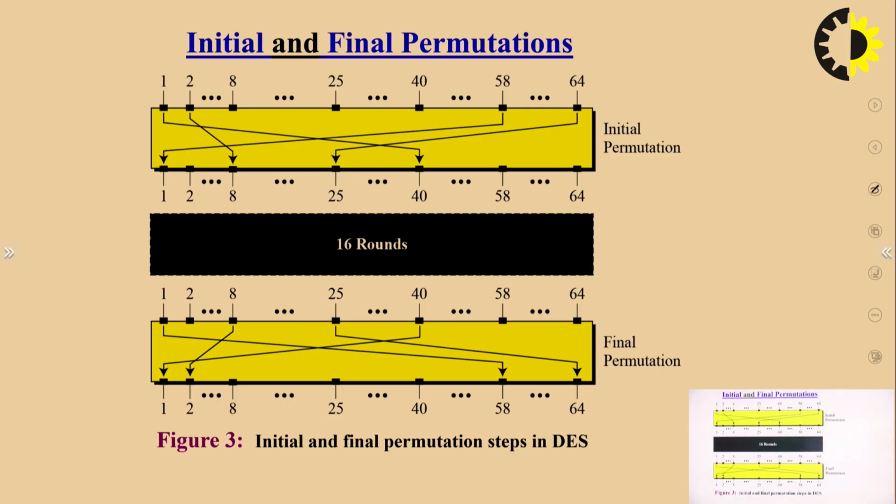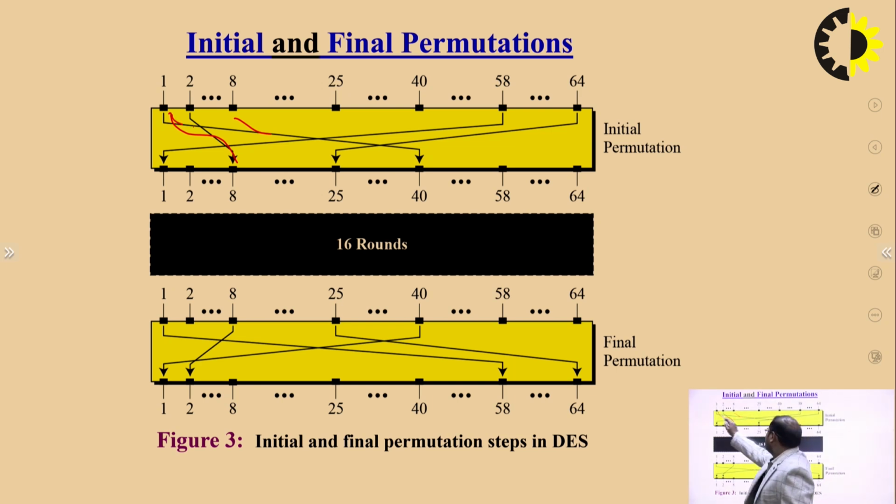So, the initial and final permutations are represented using this diagram, that is Figure 3. Here 1 is substituted with 8, 2 is substituted with another position, and in the reverse the same process occurs.